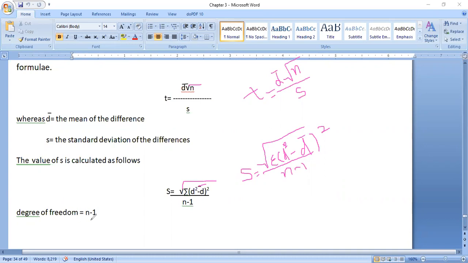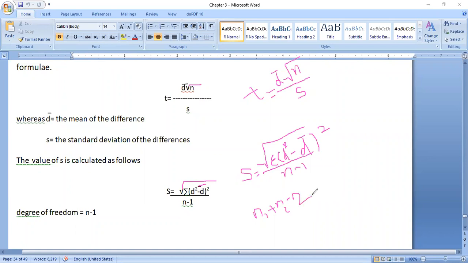Then degrees of freedom is equal to n minus 1. In the independent samples, we have n1 plus n2 minus 2. Sorry, this is not 1, this is 2.